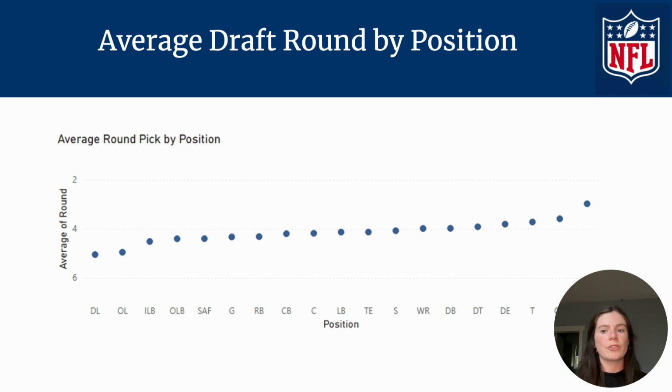This chart shows the average draft round by position, giving insight into how teams are prioritizing those different positions during the draft. We can see defensive linemen and offensive linemen are typically drafted pretty late, 5th, 6th round draft picks, meaning that teams are placing less value on building a strong line of play, where they're focusing more on nose tackles and quarterbacks, which are a little bit cut off here, but these two positions.